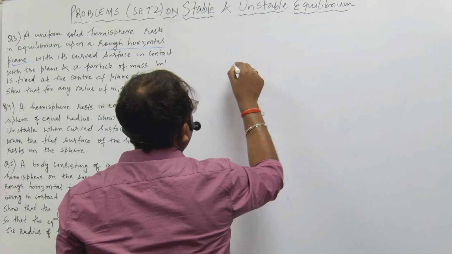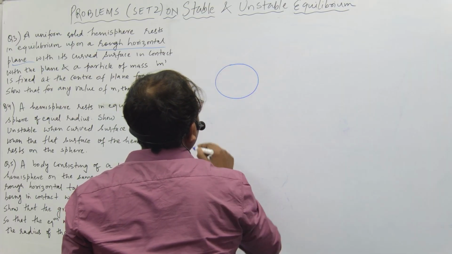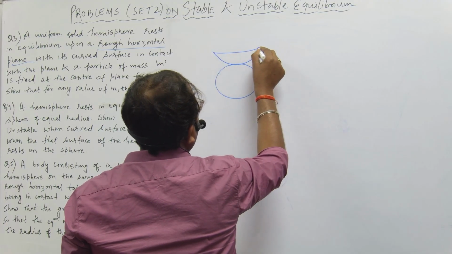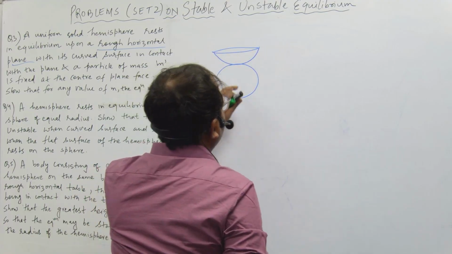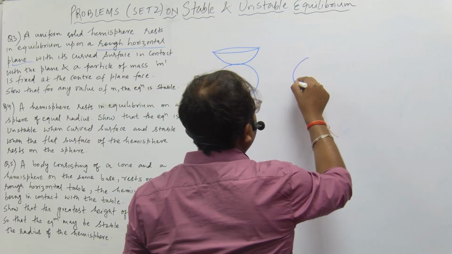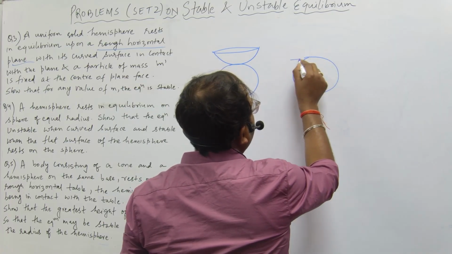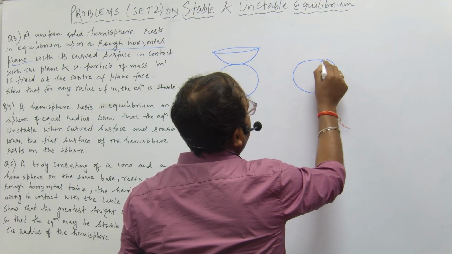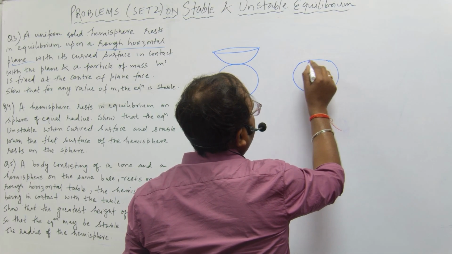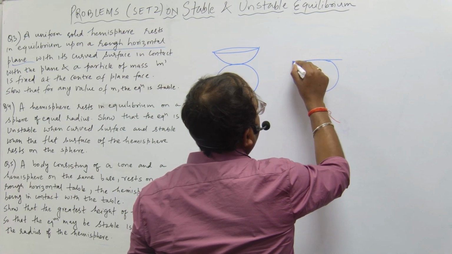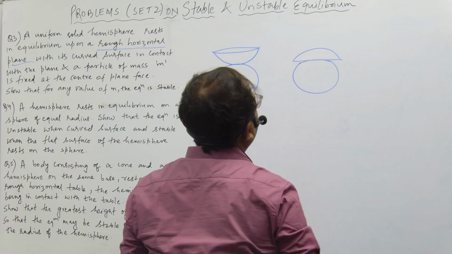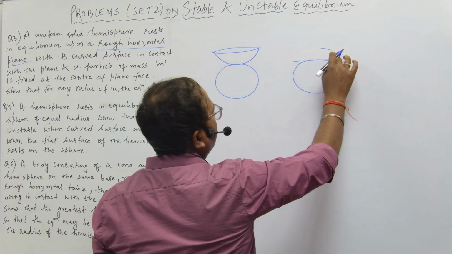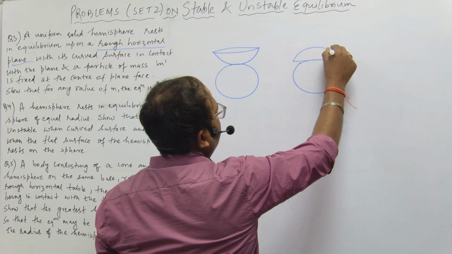In case 1, we have a sphere like this, and the curved surface of the hemisphere rests on this sphere. And in the second case, the plane surface of the hemisphere rests on this sphere.